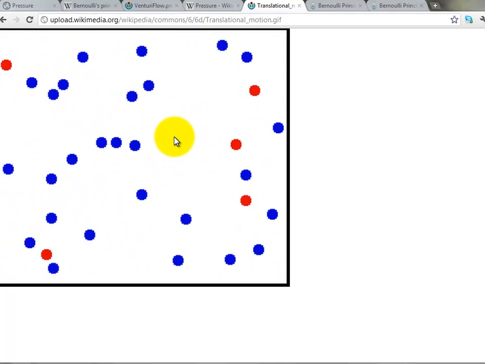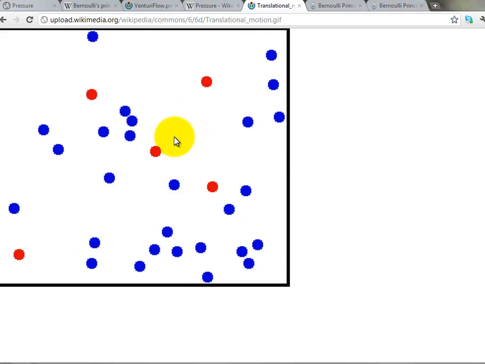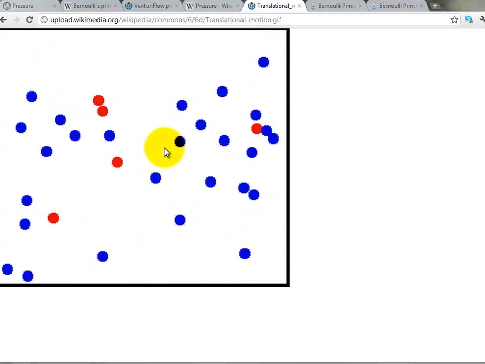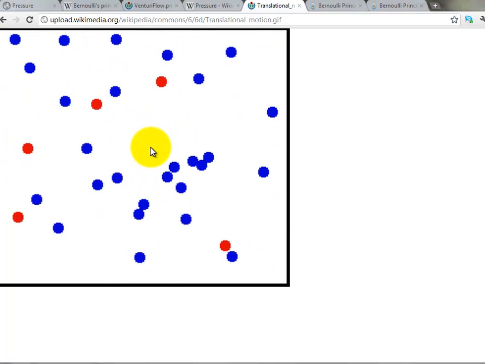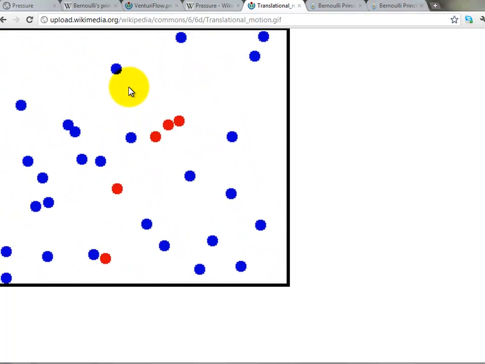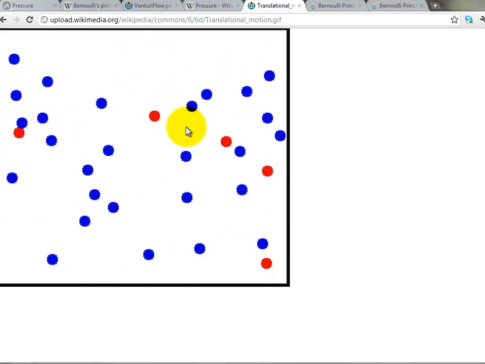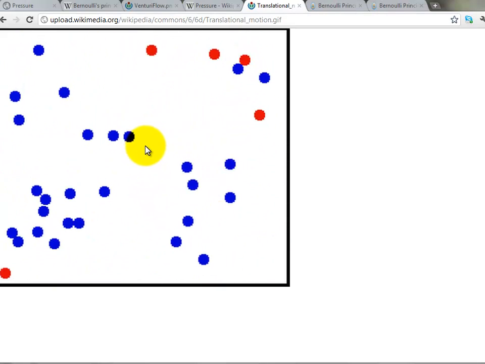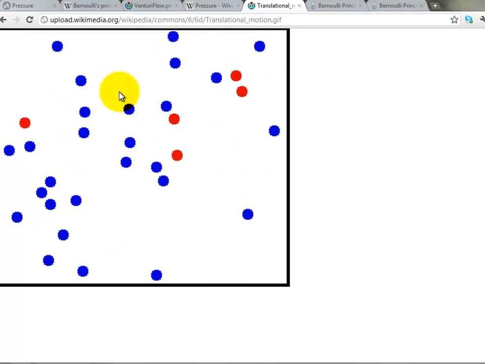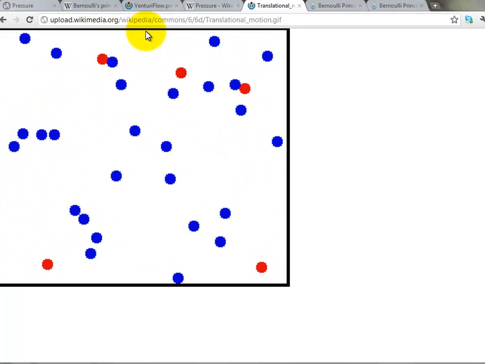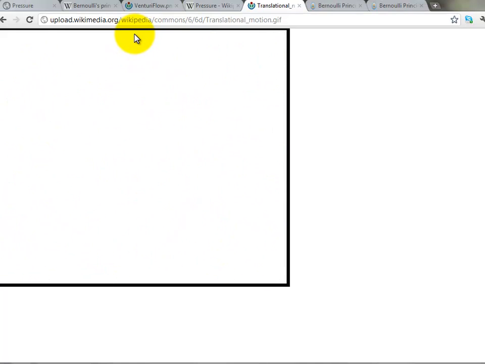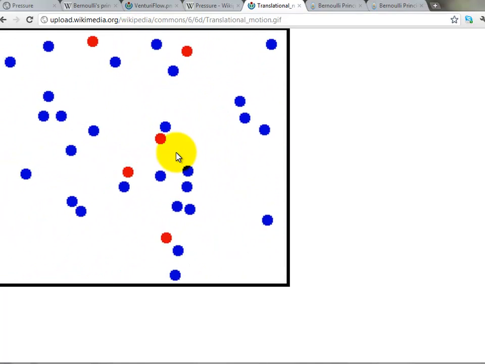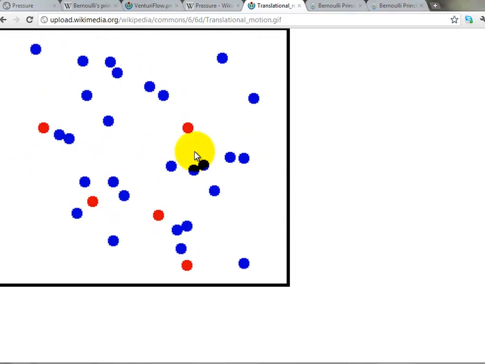These molecules are bouncing around all around us. They're moving in a vacuum, there's no friction, and all the collisions are perfectly elastic. When they hit each other, there's no loss of energy. Momentum is transferred from one to another. When they hit a wall, the bouncing on the wall is what causes the pressure. So the faster they move, the higher the pressure.